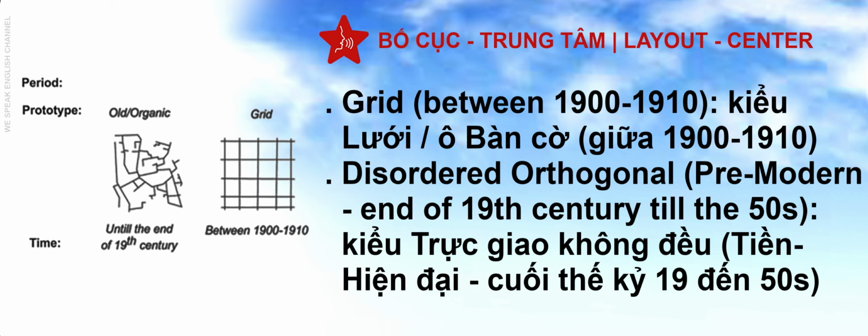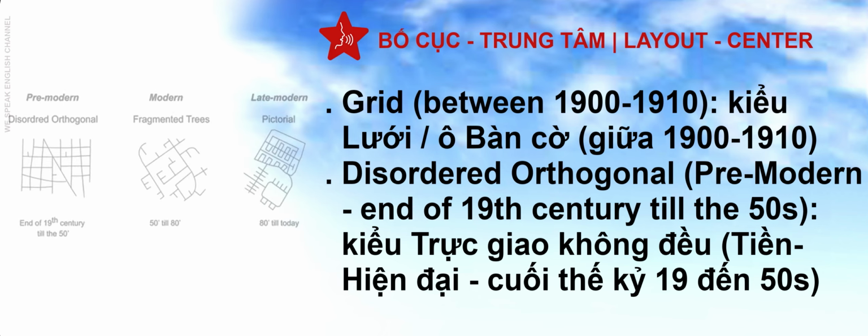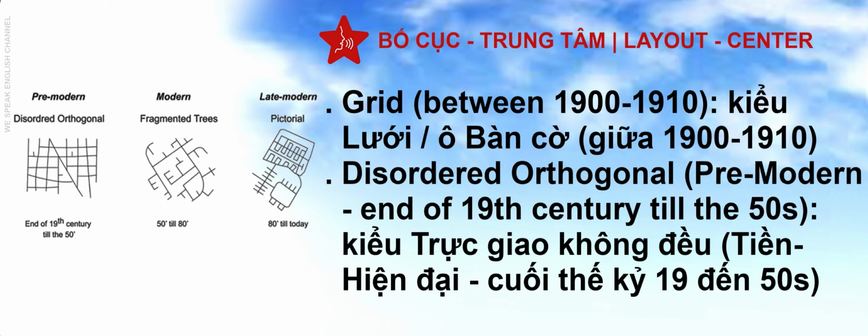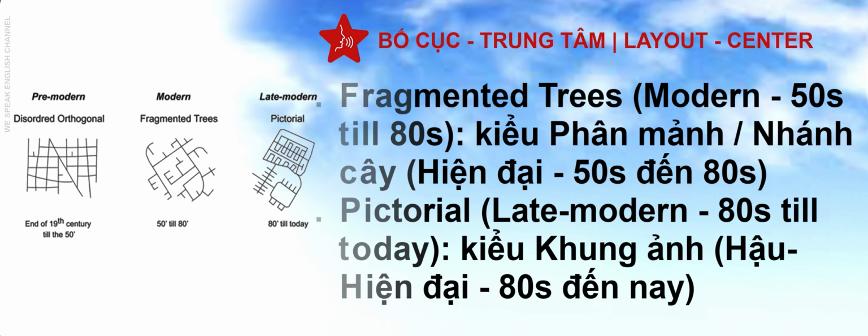Disordered orthogonal, pre-modern, end of 19th century till the 50s. Fragmented trees, modern, the 50s till the 80s. Pictorial. Late modern, the 80s till today.